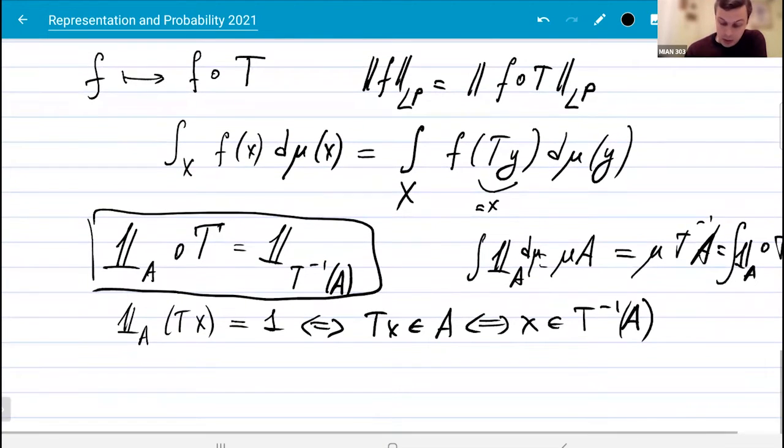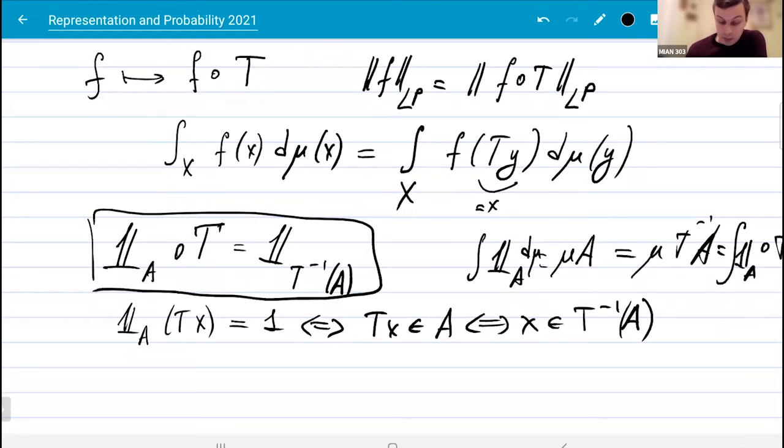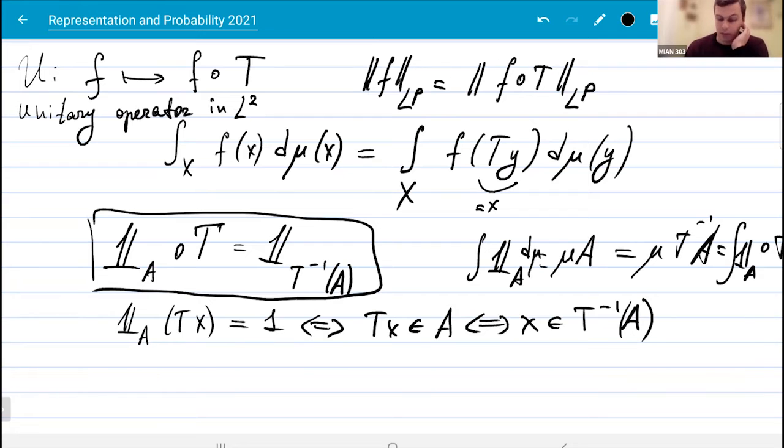So the corollary is that, for example, for L2, this map is a unitary map. So this is a unitary operator. This is exactly this property.